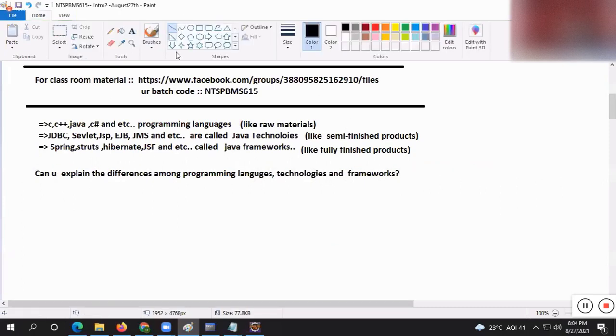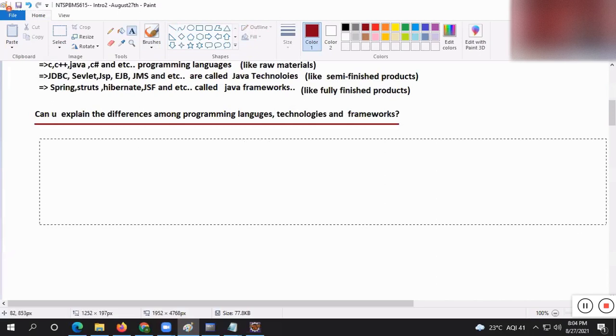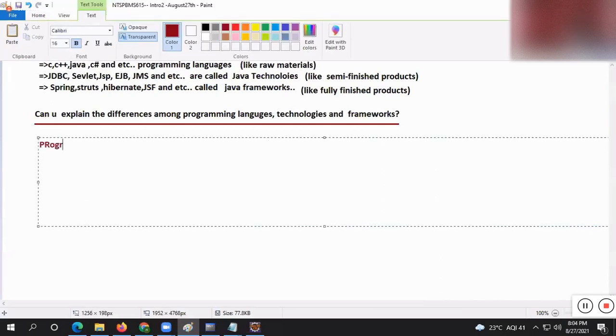After today's class, you should not have any confusion on these 3 topics, boss. Are you ready? Shall we start understanding what is a programming language?